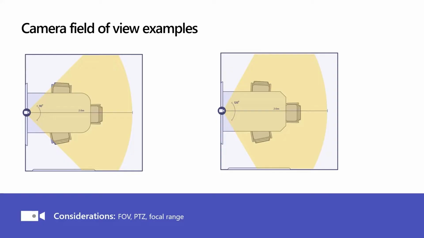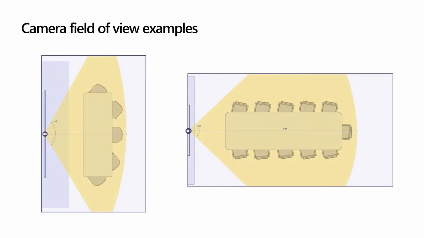But when we look at cameras, the considerations we really need to take into account are: what does the customer want to do, and what type of room are you in? Look at things like field of view. How large is it? Is it for a wide room or a narrow room? Look at the tables. Is it a long table? Do you need individual framing?